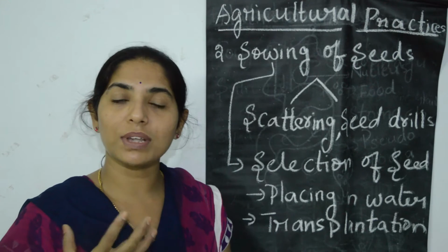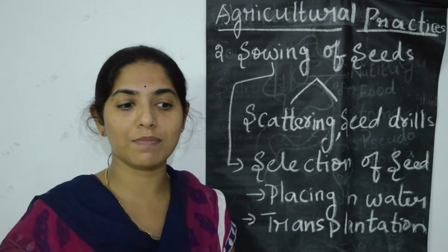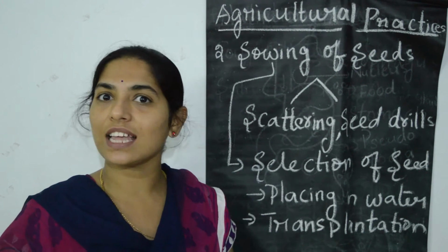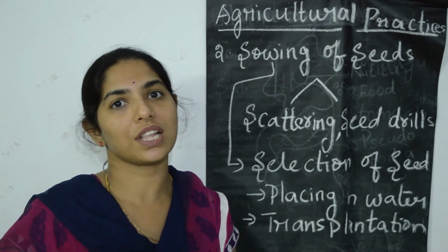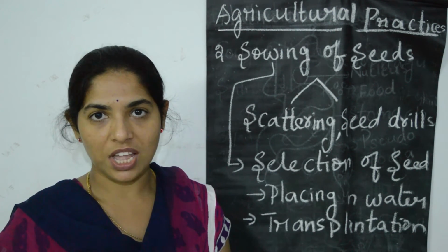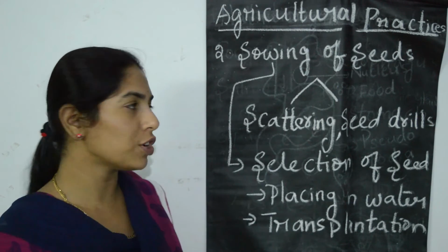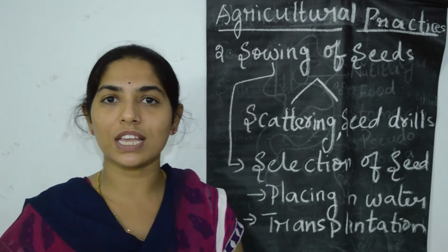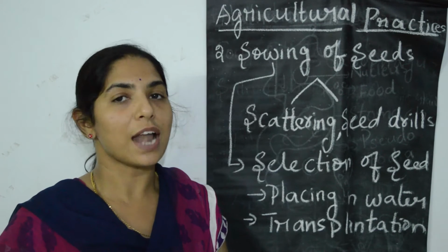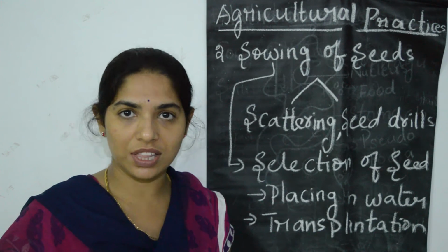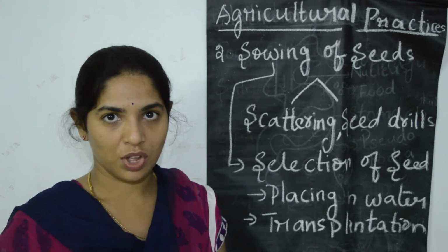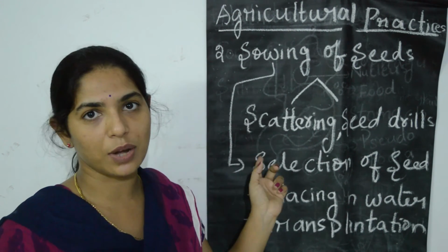One thing is that all the seeds may be placed at one place and not properly covered, so there is a chance of these seeds being eaten away by birds. Moreover, if all the seeds are placed at one place, there is a chance of competition among the seeds to germinate. So this is another disadvantage.